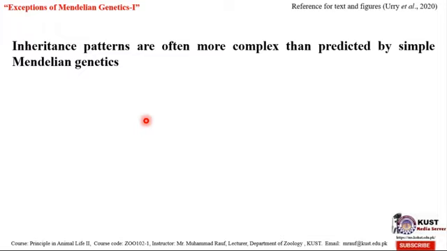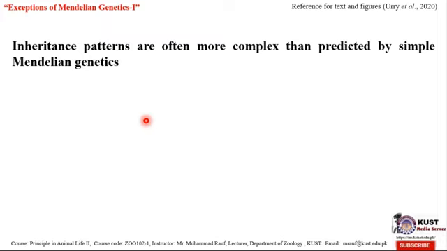Introduction. Inheritance patterns are often more complex than predicted by simple Mendelian genetics. We have already studied Mendelian genetics, the two laws formulated by Mendel in light of his findings, and these laws are predominantly observed throughout the living kingdom.